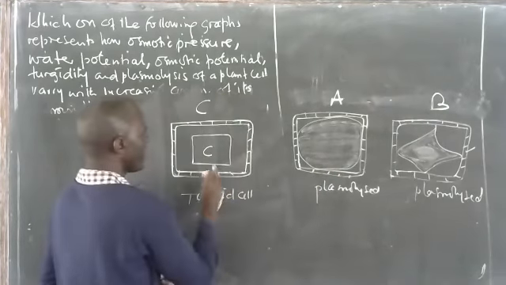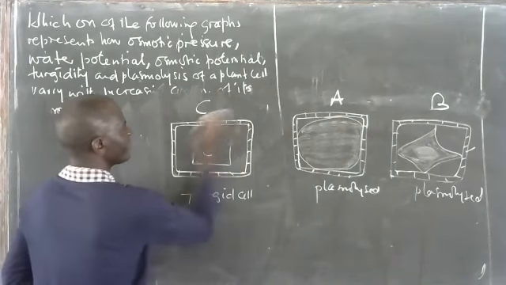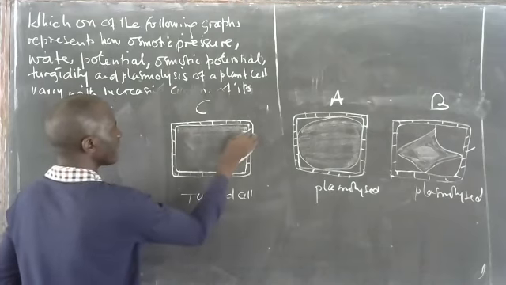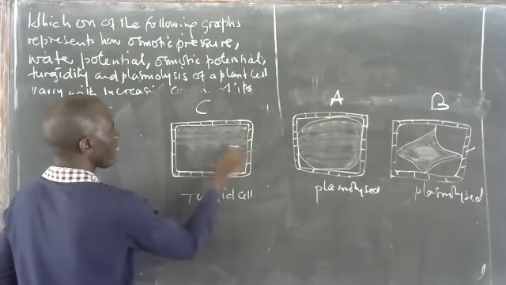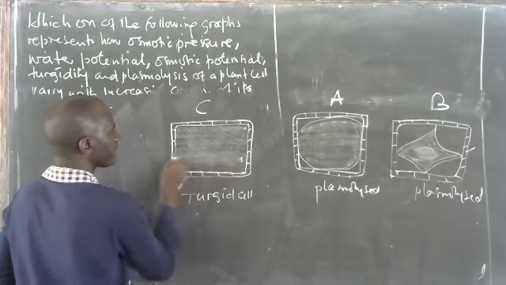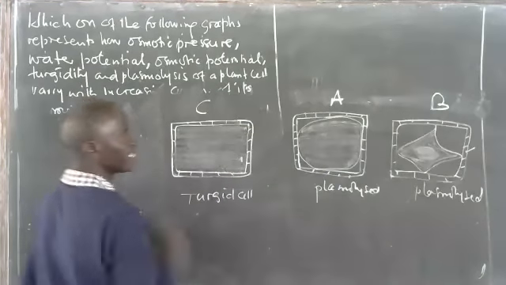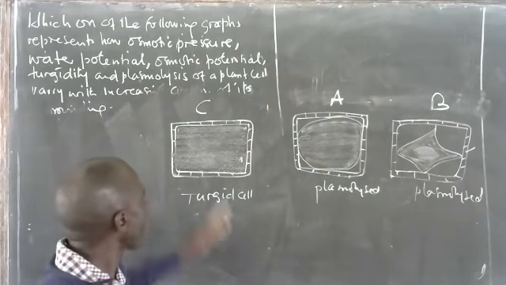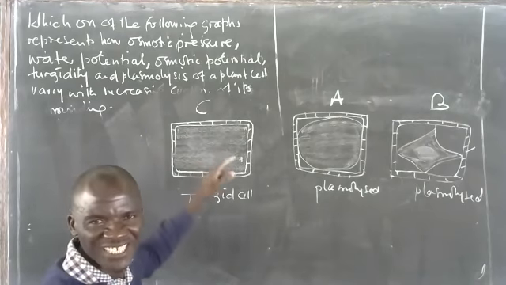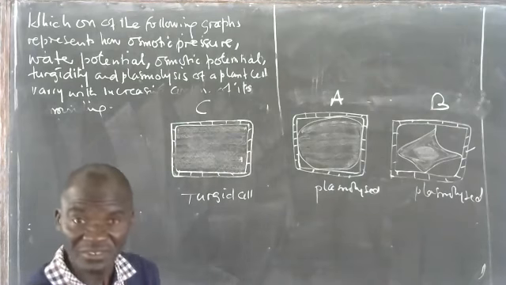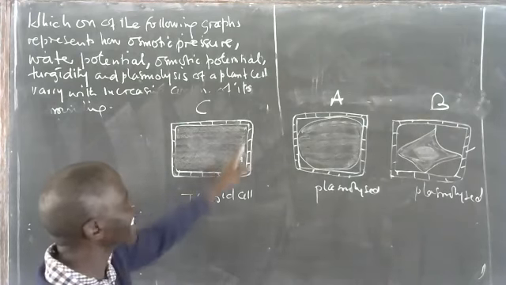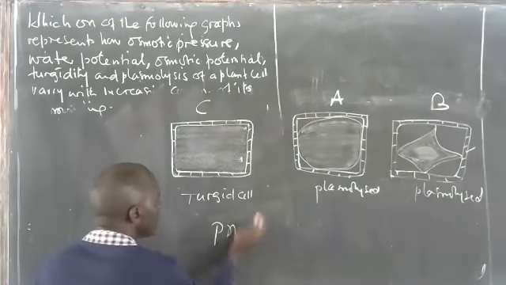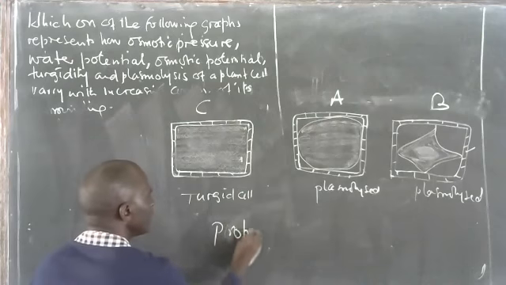So even here, you can't see the vacuole with a light microscope, but you will see something like that. That's how it will appear. Why is it not clear? It has proteins and so on, which limit light penetration. So here you can see a clear gap around the protoplasm.